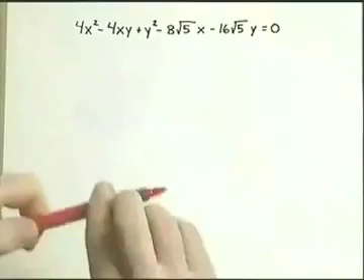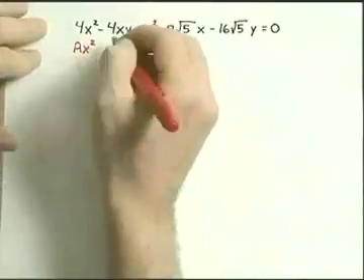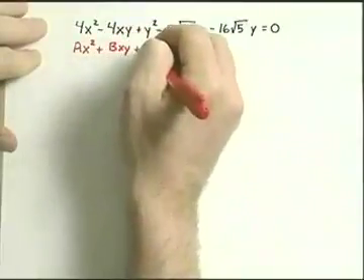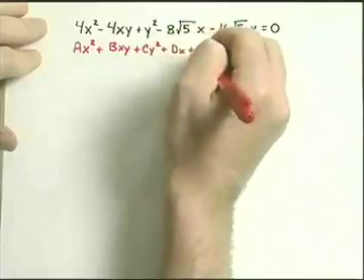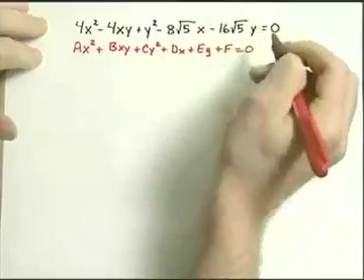First thing we should do is compare it to the general form of a conic section, which is ax squared plus bxy plus cy squared plus dx plus ey plus f equals 0.